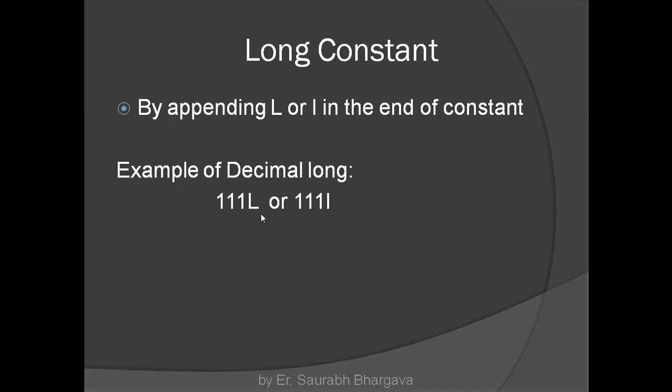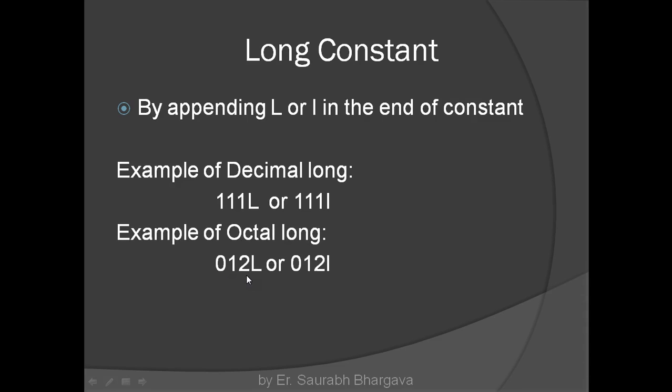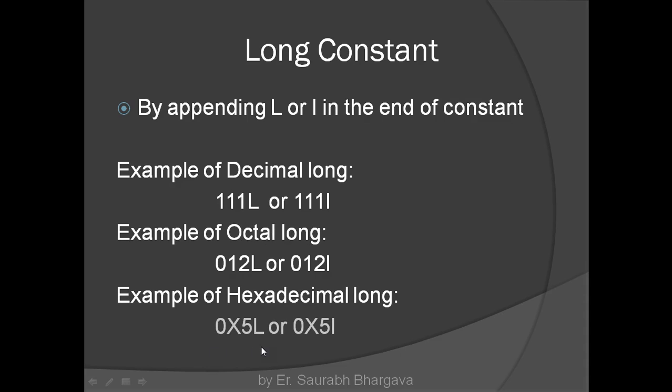So it's not a rule but a convention. Similarly, we can create octal long. 012 is an octal number, then we have appended capital L or small l. Hexadecimal long, 0x5l.